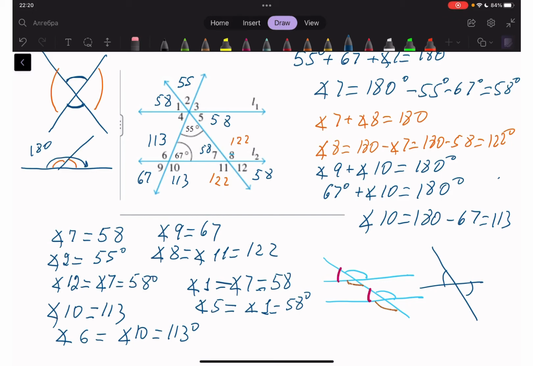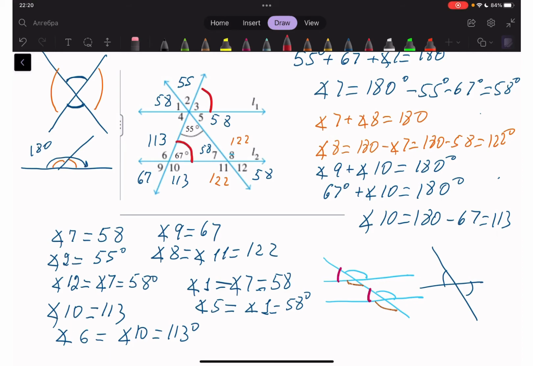What else do we have? We have angle 3. Let me change color, take a brighter color so it would be easy to see. Here it is. Angle 3 is equal to angle 67, right?